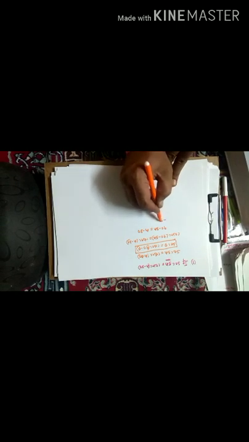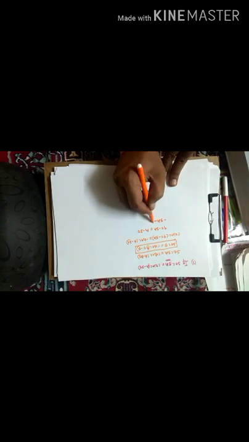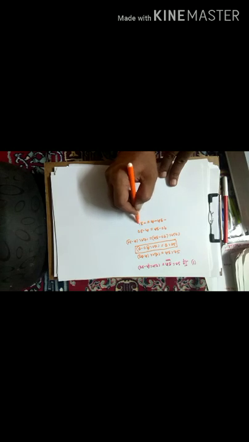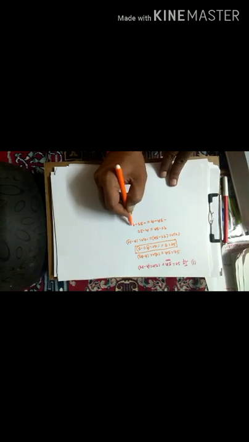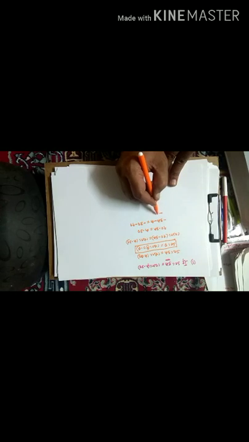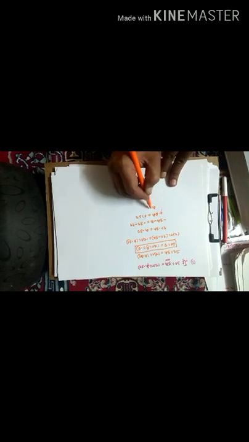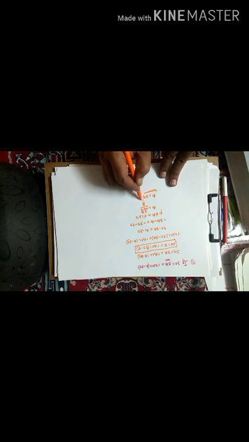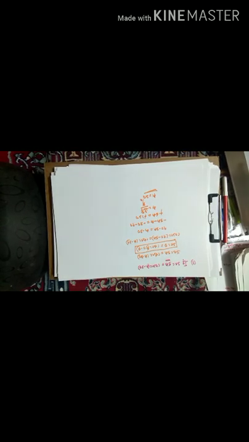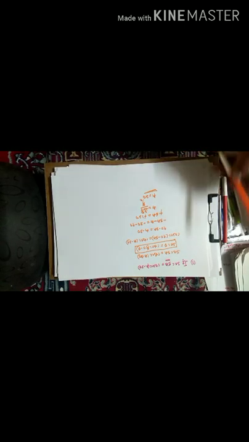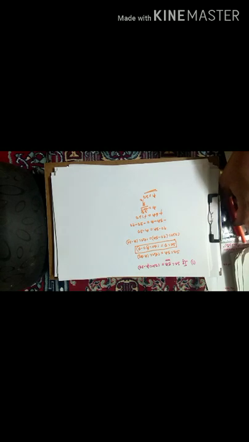Now minus 4A, we'll bring A to this side, minus A, and this 90 to the other side, minus 30. So minus 90, minus 5A is equal to minus 120. Here minus minus cancel. A is equal to 120 by 6. 1s are, 2s are. Therefore A is equal to 20 degrees. So this is the solution for this question: A is equal to 20 degrees.